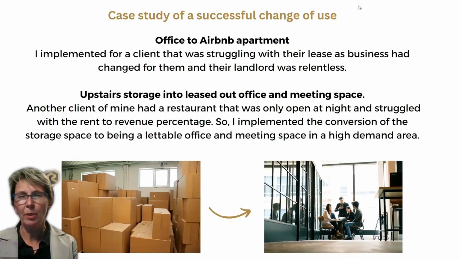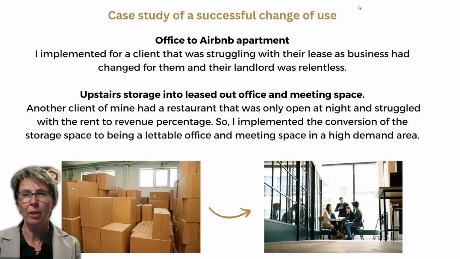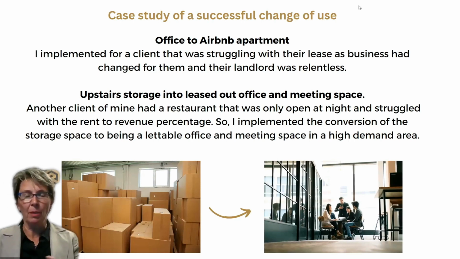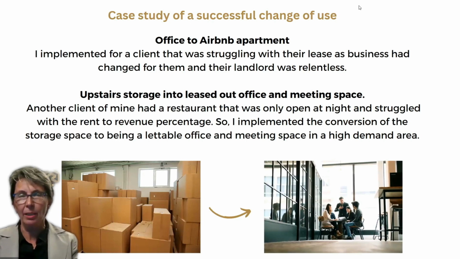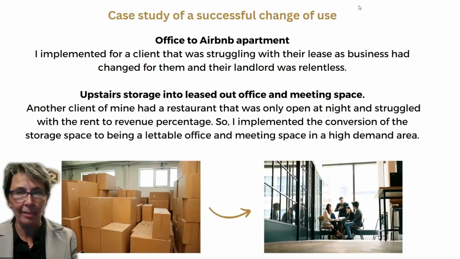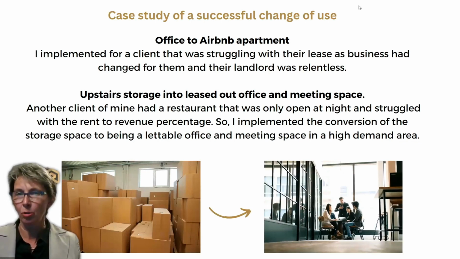That's really interesting. I mean, office to Airbnb, because what strikes me straight away is council, okay? Restrictions around office to Airbnb, because with Airbnb you need serviceability, you need services, bathrooms, so it must have been an office that lent itself to having a multitude of plumbing services.